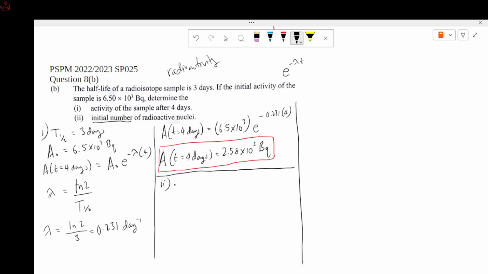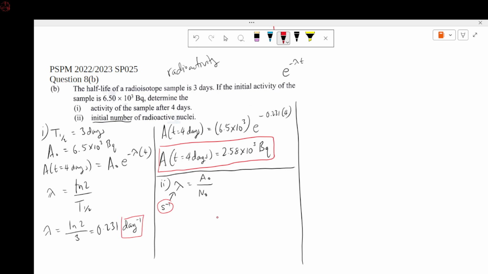Another equation for lambda is the initial activity divided by the initial number of radioactive nuclei. The problem now is that this lambda must be per second. It has to be per second, whereas what we have here is per day. So we'll have to convert that.